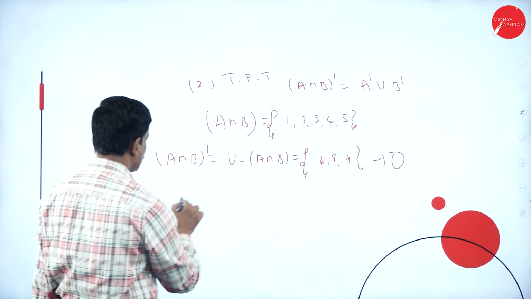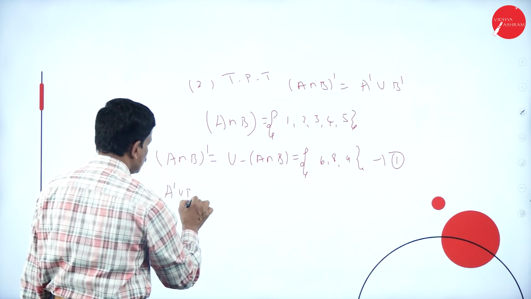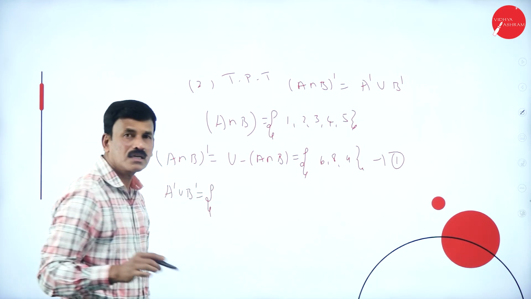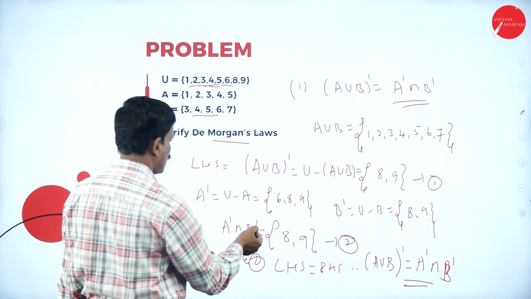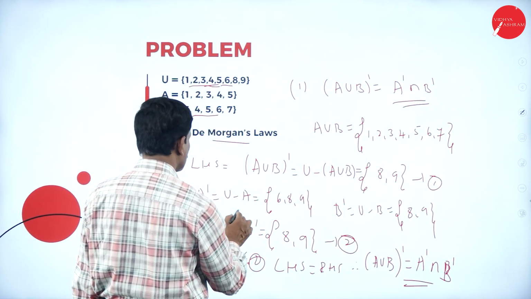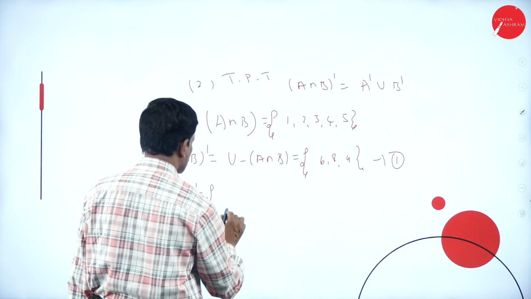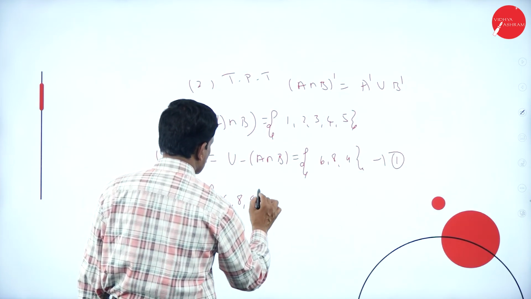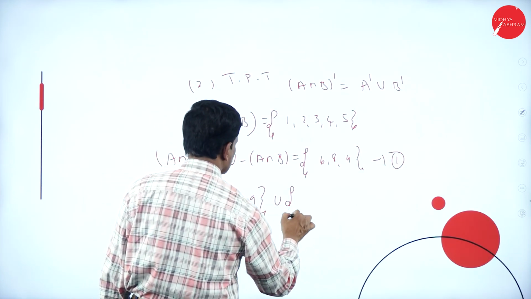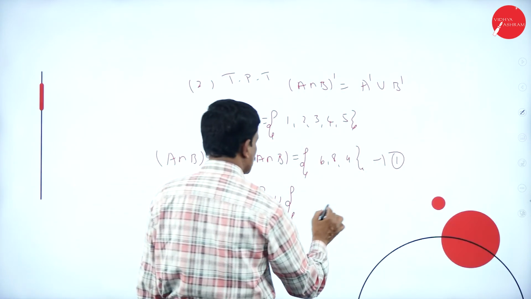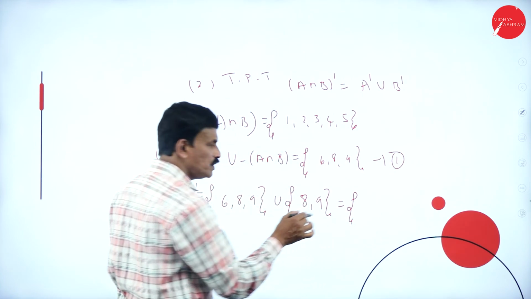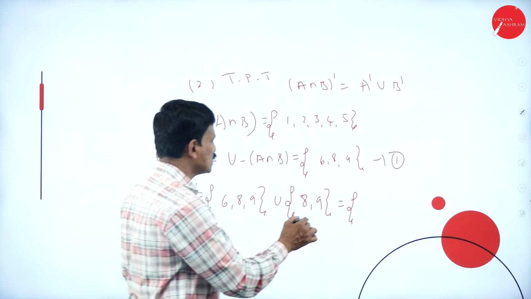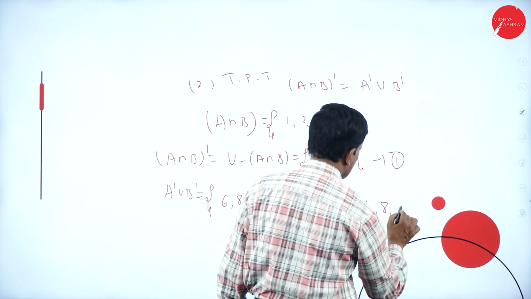Next, the right hand side, A dash union B dash. What is A dash? The elements of A dash are 6, 8, 9. Union B dash, which is 8 and 9. The union is nothing but 6, 8, 9.